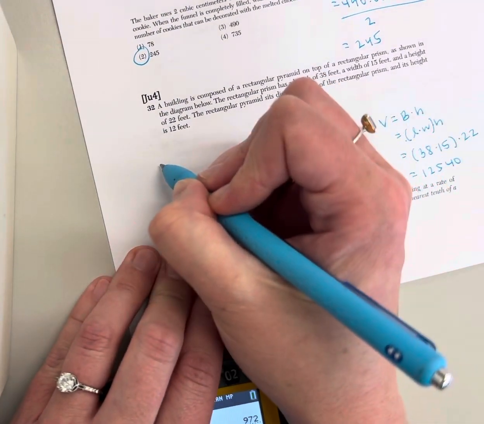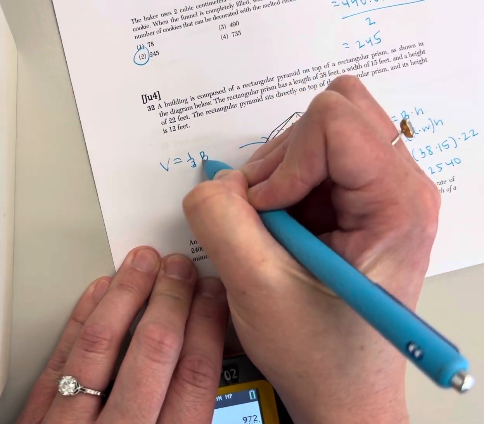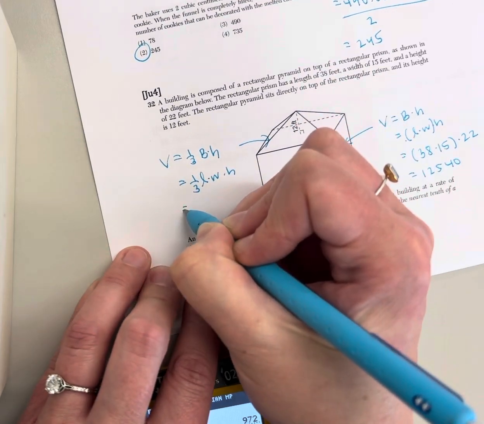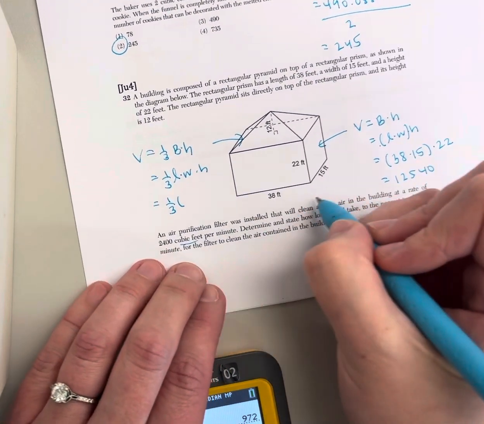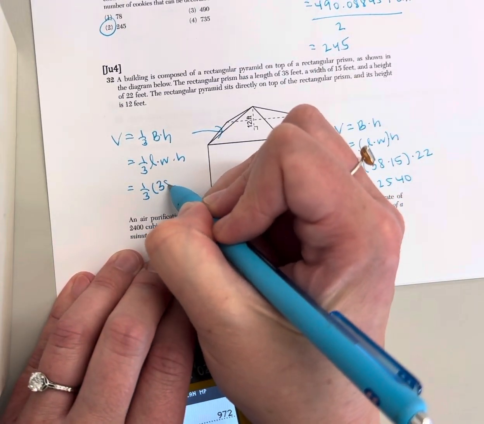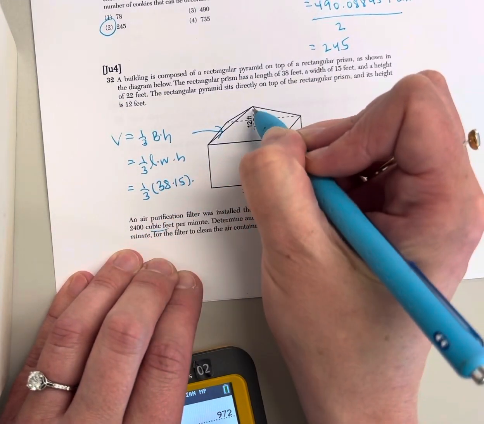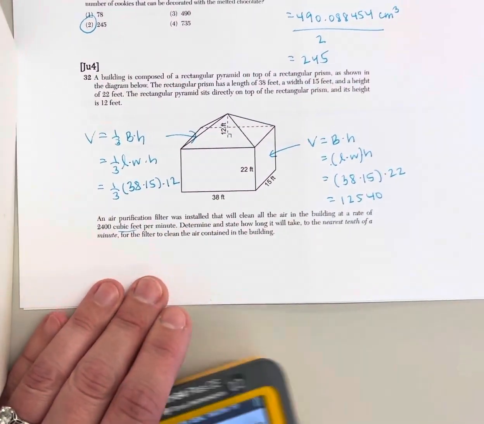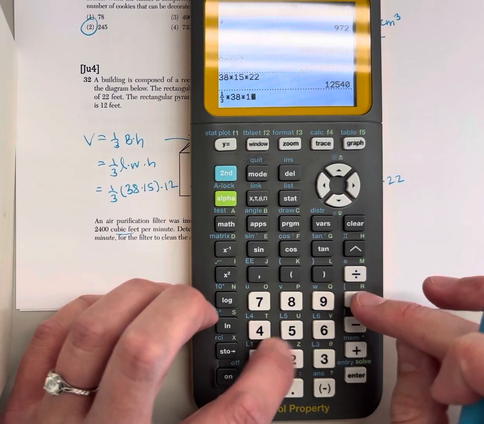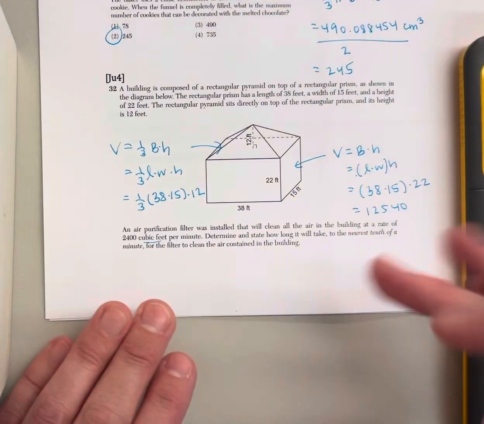Pyramid, 1/3, capital B times H. But that's also length times width times height. So it's the same numbers for the 38 and 15. The height is different though, that's 12. So 2280.